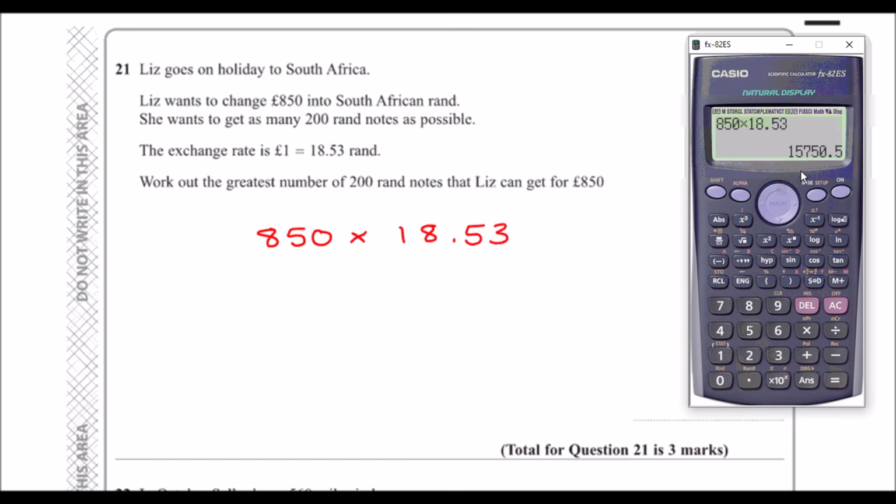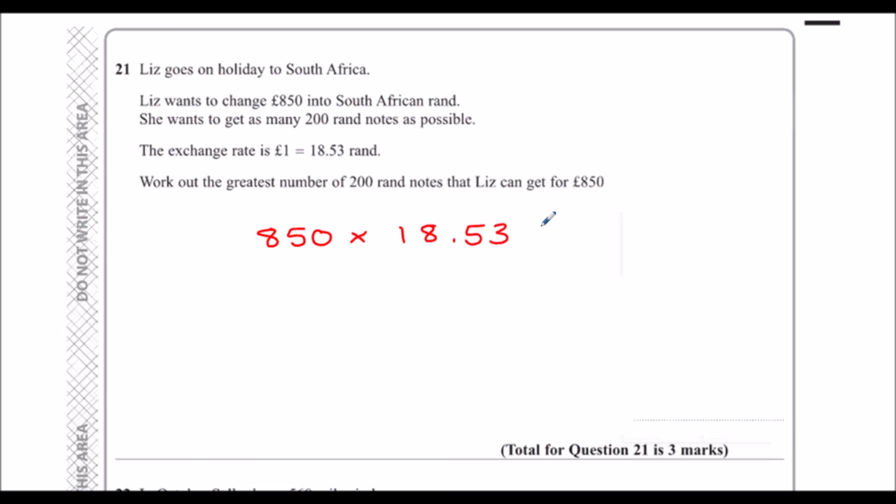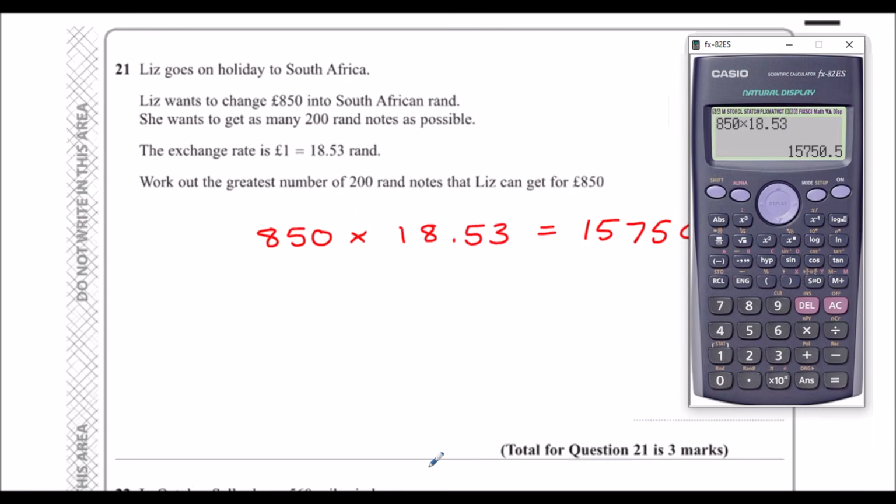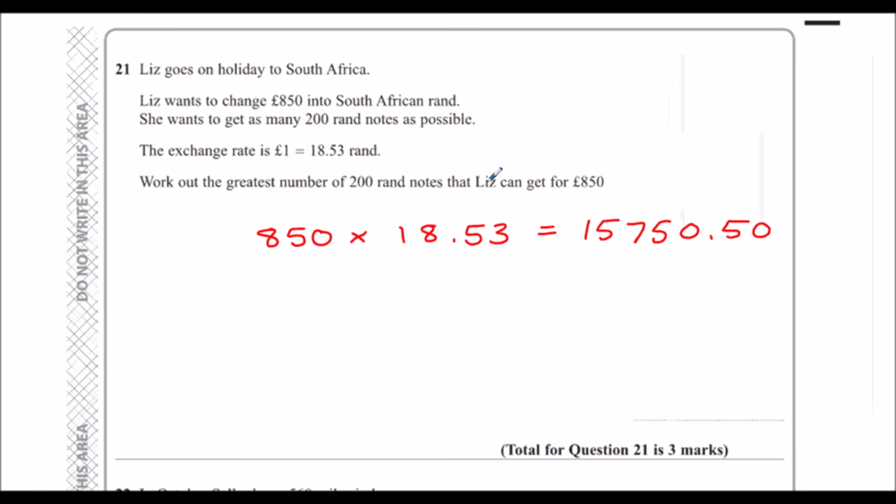So that's 15,750.50. And Liz wants to get as many 200 notes as possible. So how many 200s go into this? Well, we can divide by 200.